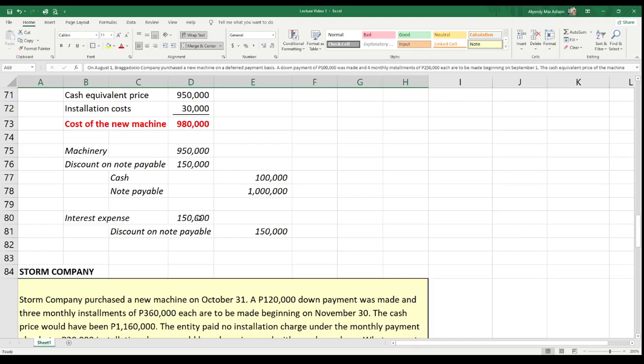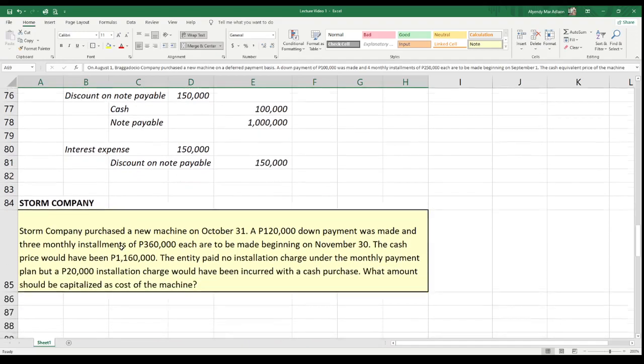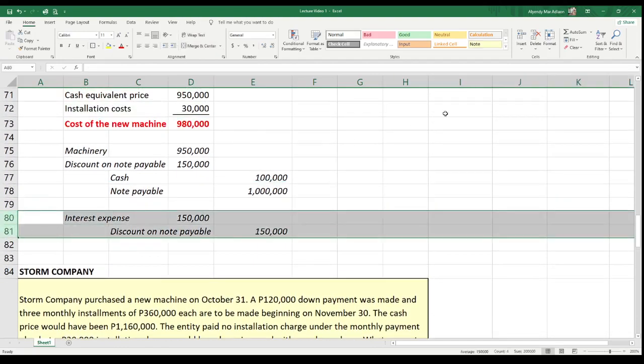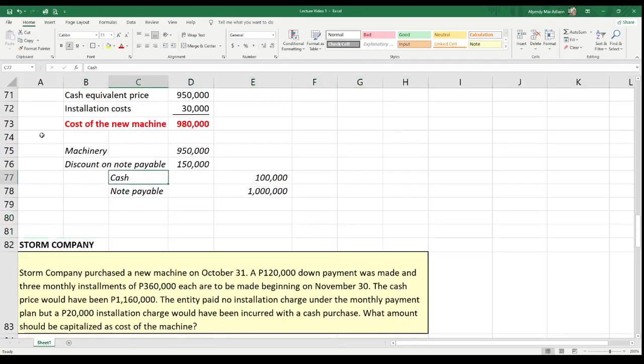Now, let's proceed to the next problem. Okay, so we have Storm Company. So, I will just delete this one. This is the journal entry on the date of acquisition.